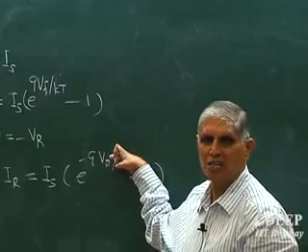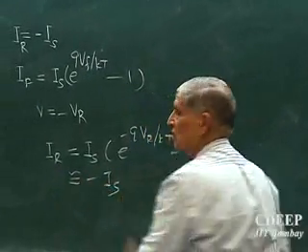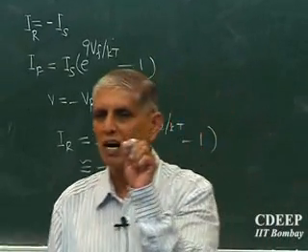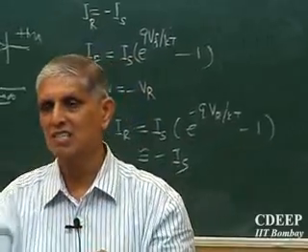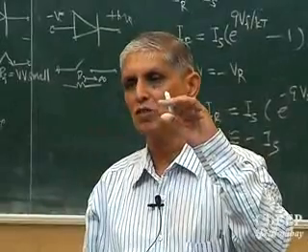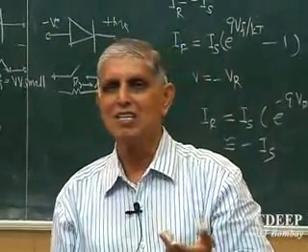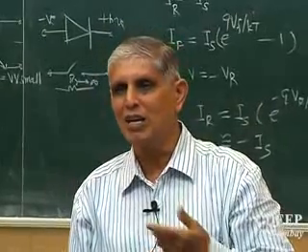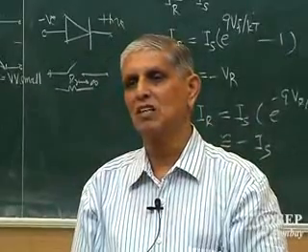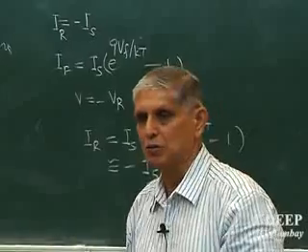E to the power minus a large quantity is close to 0. So this is minus Is. So except for small VR, when the current starts rising, everywhere else you see constant current, which is the same as from the forward bias. Okay, and that's interesting. That means I don't have to really evaluate Is separately. When I reverse bias, I know the reverse saturation current Is will flow, in the opposite direction because polarity will be opposite.